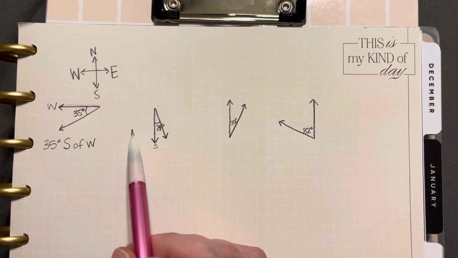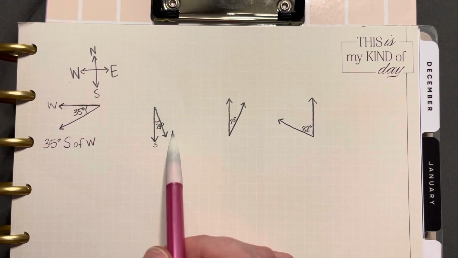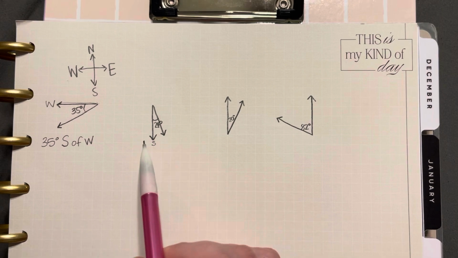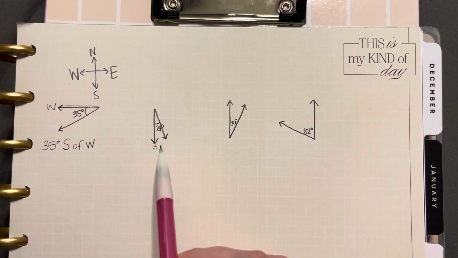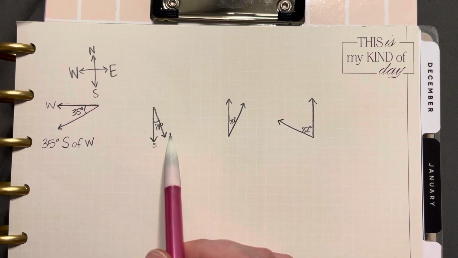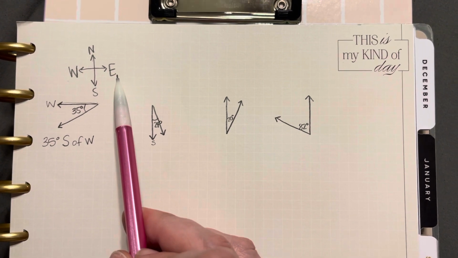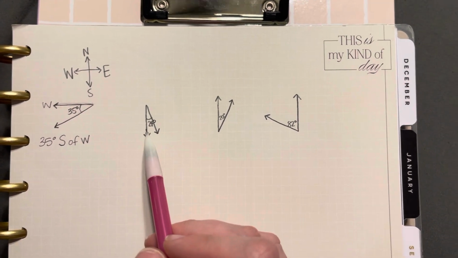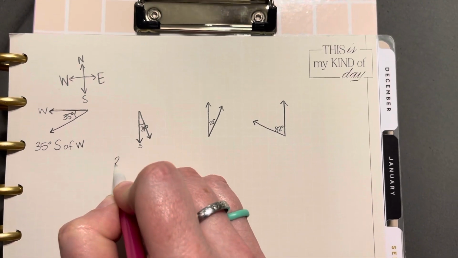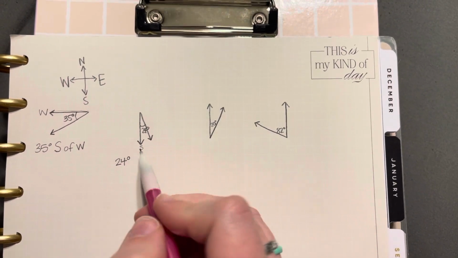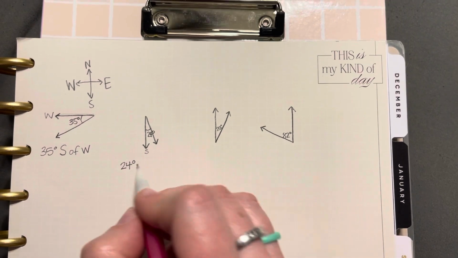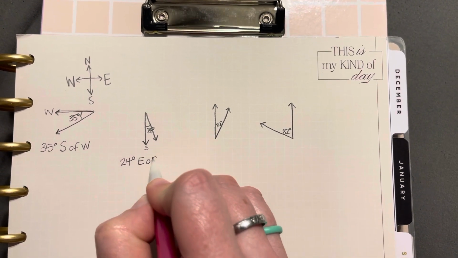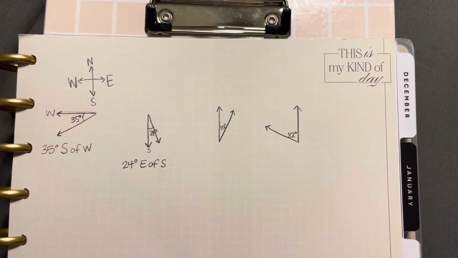Okay, it's either going to be to the west or the east, meaning to the left or to the right. For this one, it's to the right, and to the right of south would be east. So I'm going to say 20, I think that says 24 degrees east, because it's to the right of south.